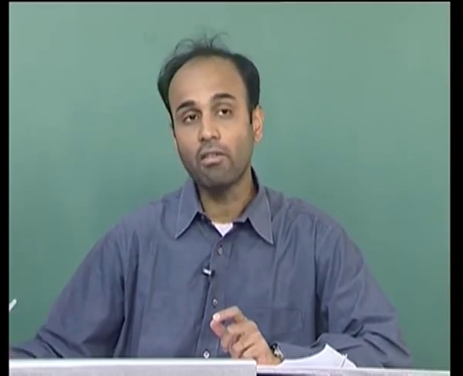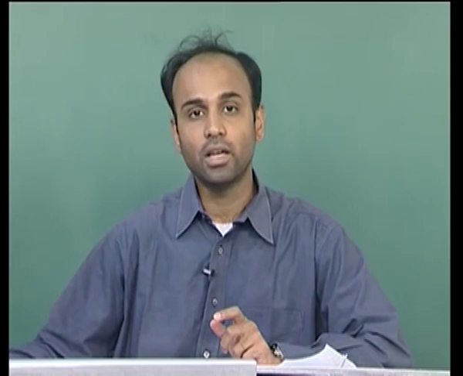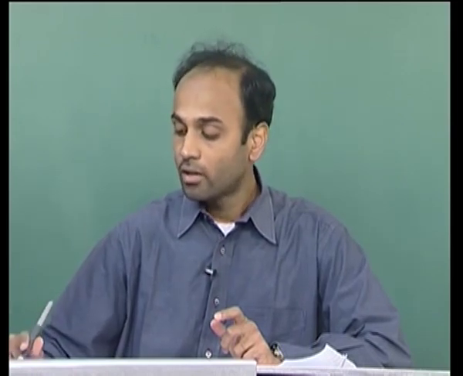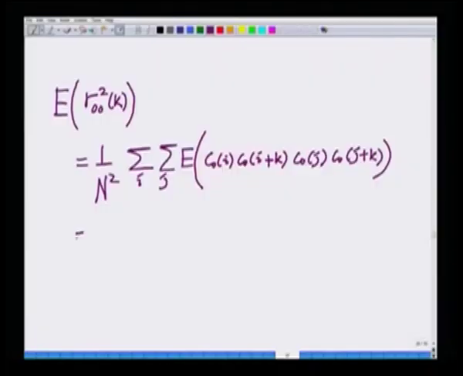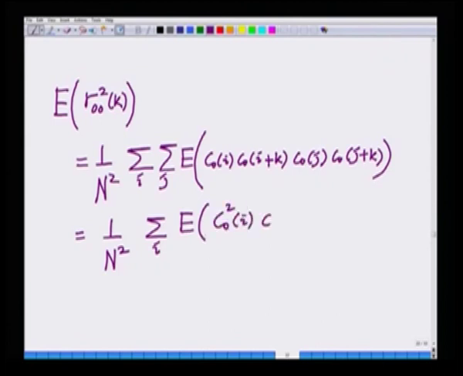However, if i equals j, that is the only term that survives, which becomes 1 over n squared, summation over i of expected C_0 squared[i] C_0 squared[i+k]. When i is not equal to j, all such terms become 0.